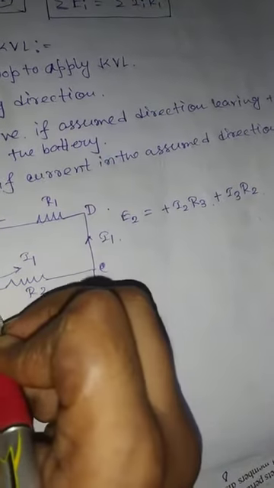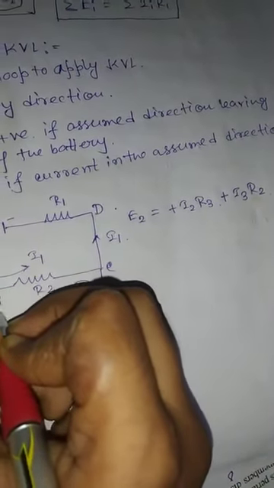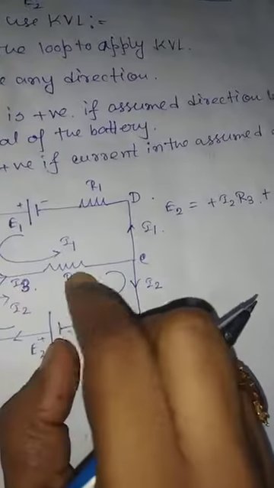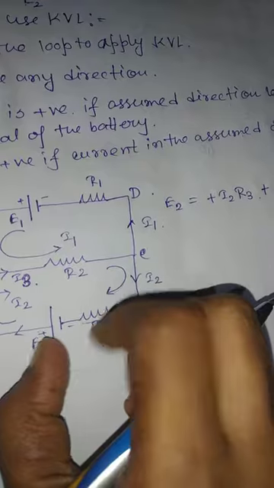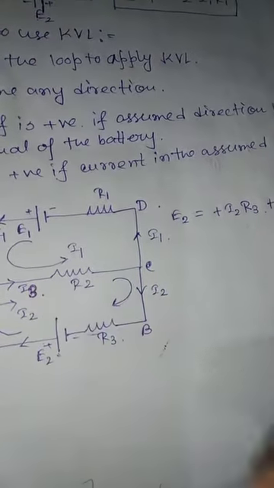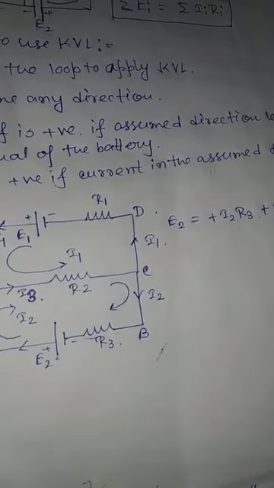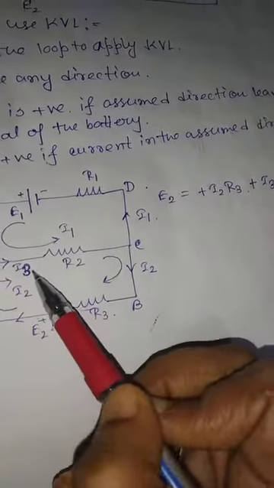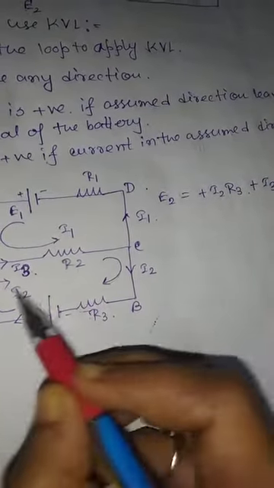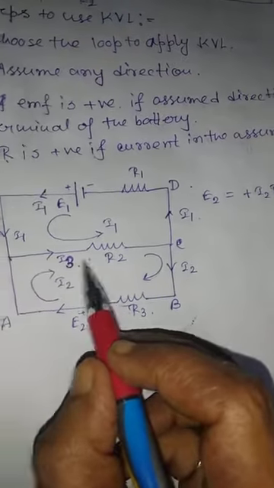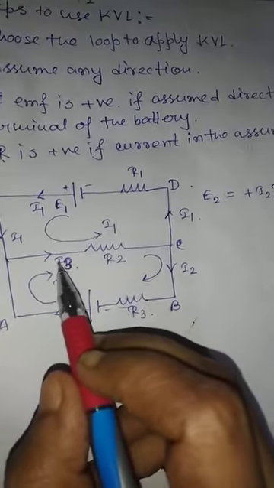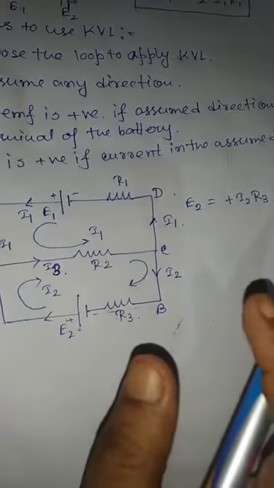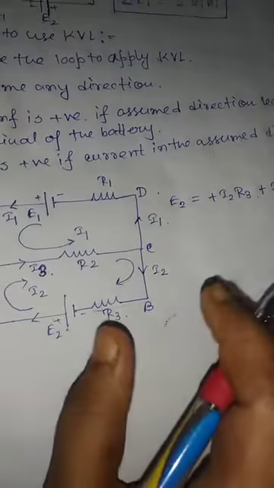Consider another current, that is I3. So this will be I3 R2 in this loop. Whatever the assumption of this current, IR will be positive. Clear? This is the equation.